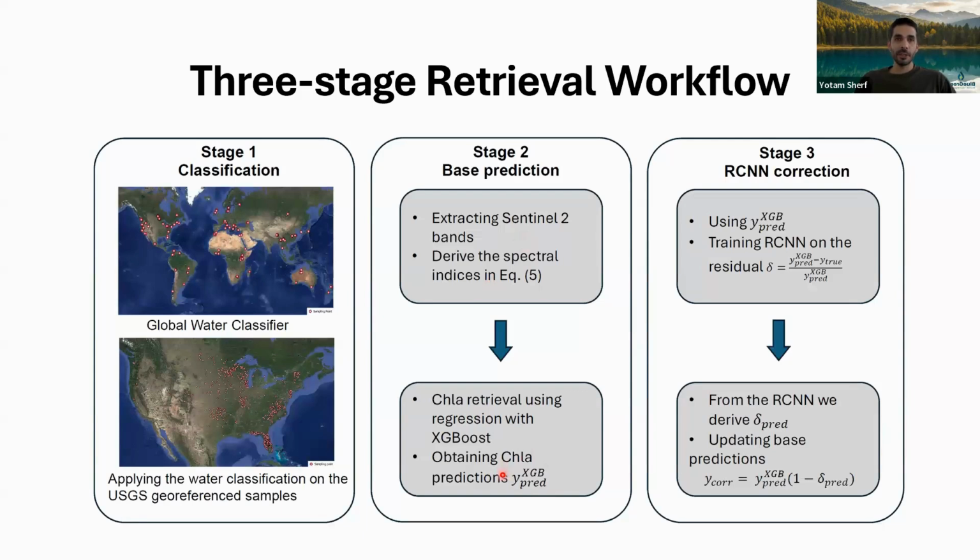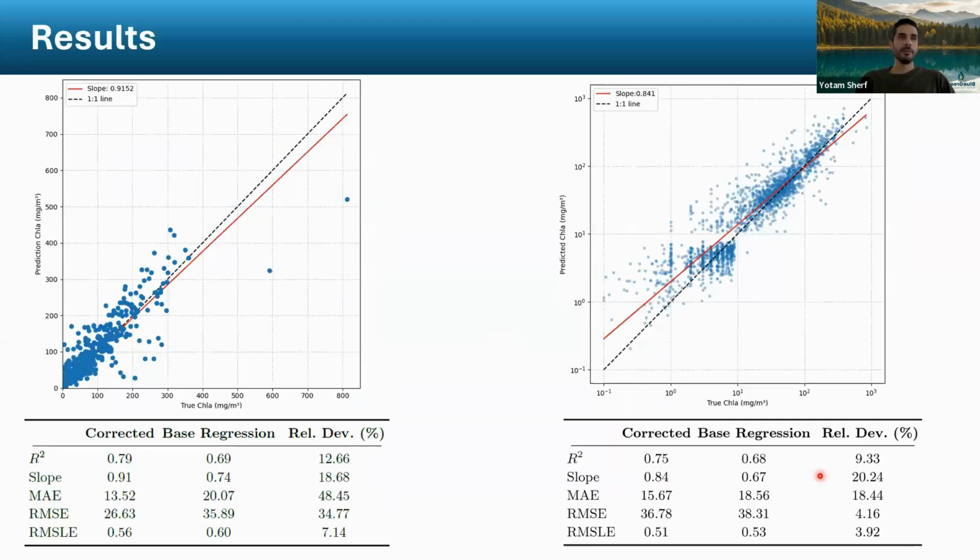In the third stage, we took this prediction and calculated the residual, the error of this prediction compared to the original value. And we trained the RCNN on the error. From the RCNN, we derived the prediction error, and we updated the prediction and corrected the original prediction from the XGBoost by this formula.